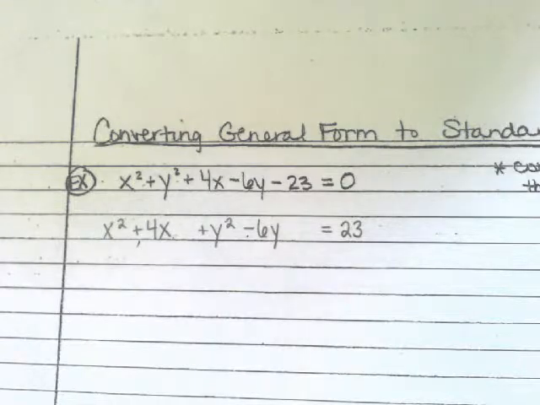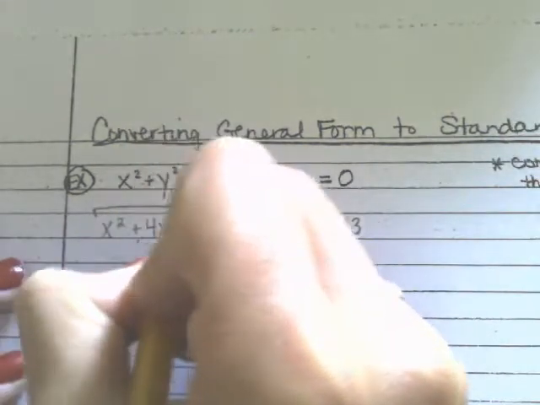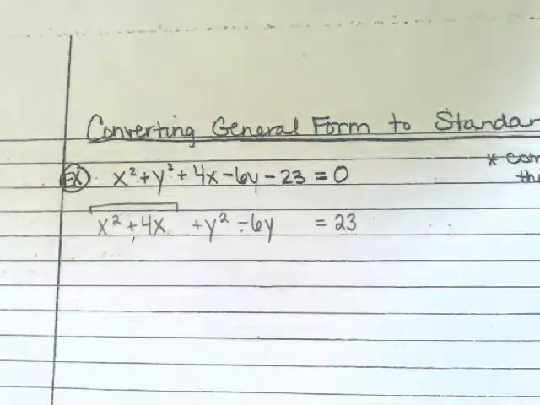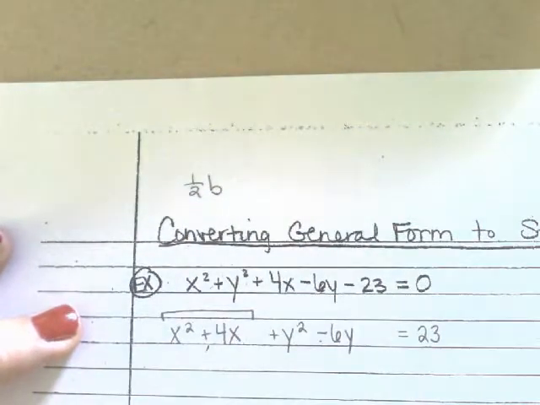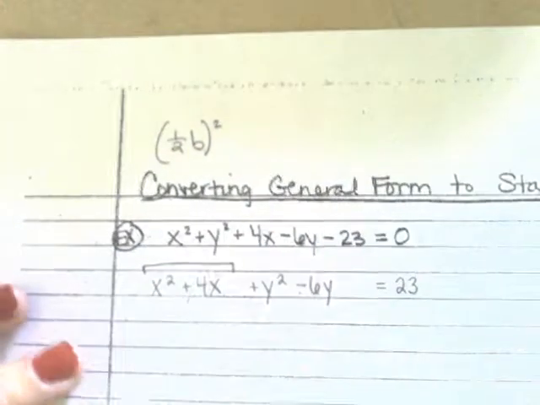We're going to complete the square on the x's. Christian, do you remember how you complete the square on the x's right there? Take half of 4 and square, correct. So that's half of what is typically considered your b term, and you square it, and that's what you add to both sides.